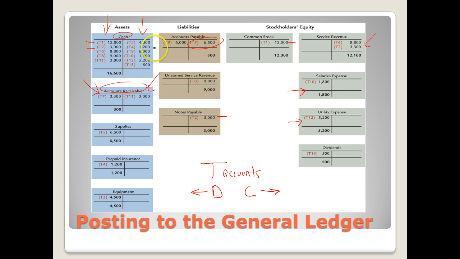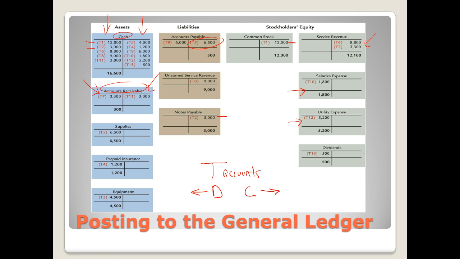If we go back to the cash account, and add all of the debit entries: $12,000 plus $3,000 is $15,000, plus $8,800 is $23,800, plus $9,000 would be $32,800, plus $3,000 is $35,800.